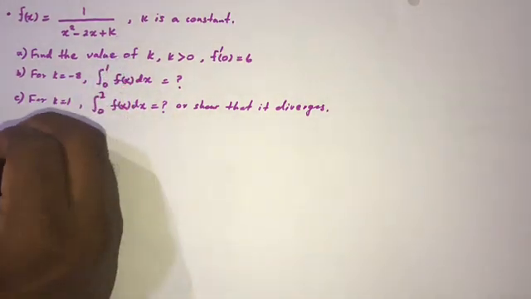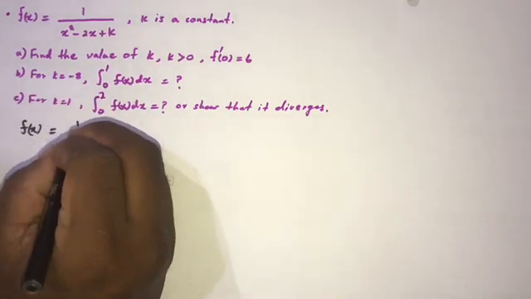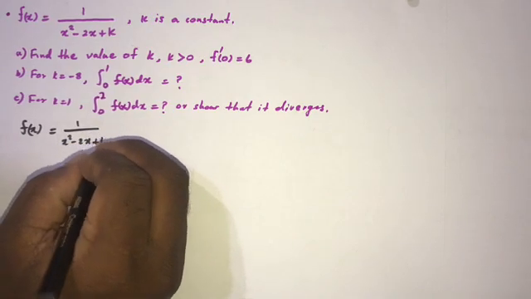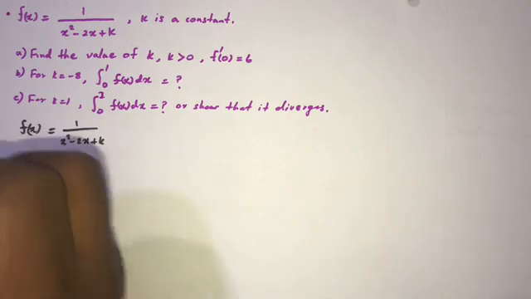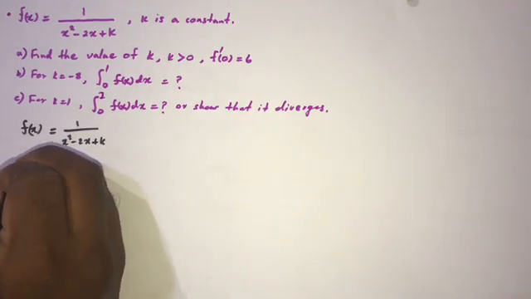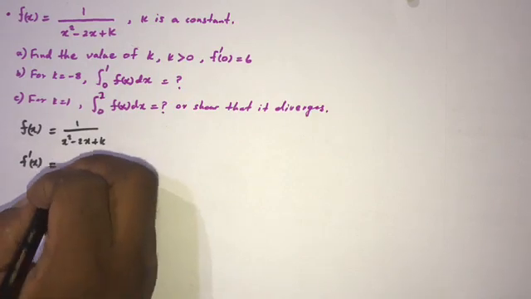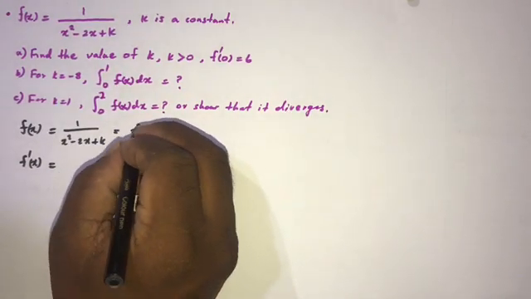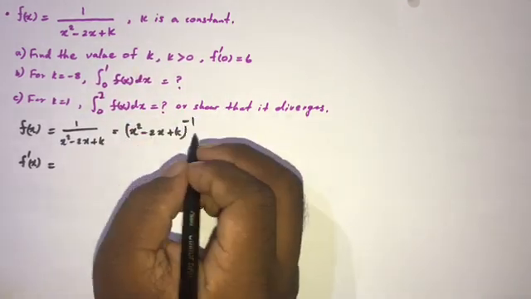So I'm going to take our function f of x is equal to 1 over x squared minus 2 times x plus k, and now we should find the first derivative of f of x. So f dash of x is equal to x squared minus 2 times x plus k raised to the minus 1.